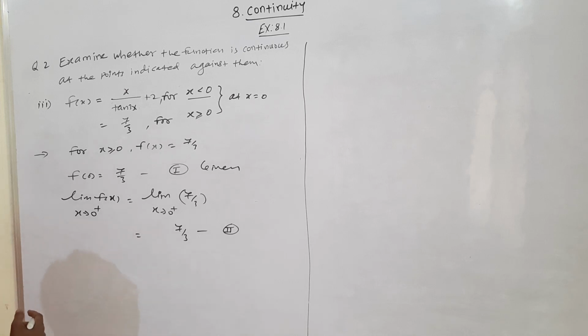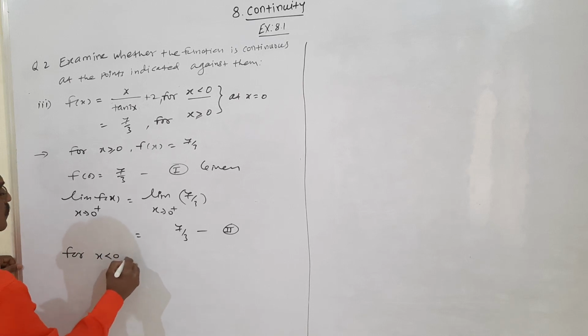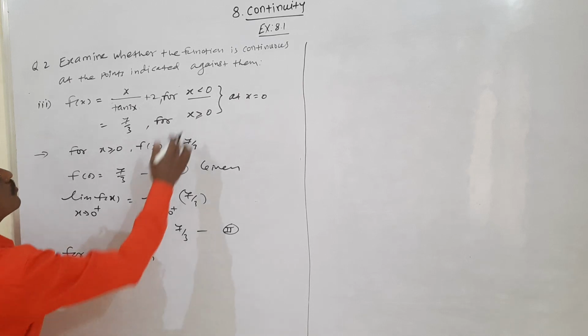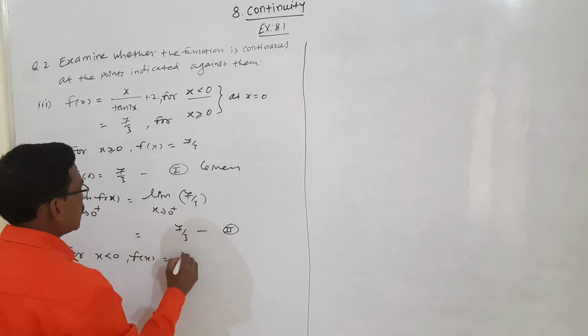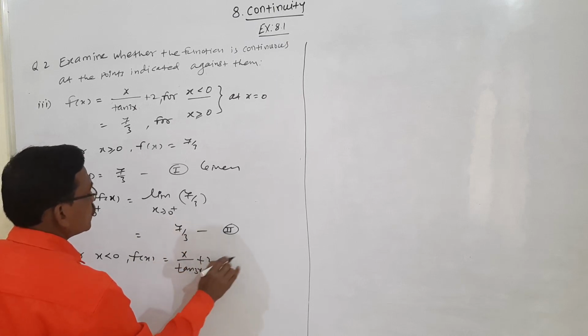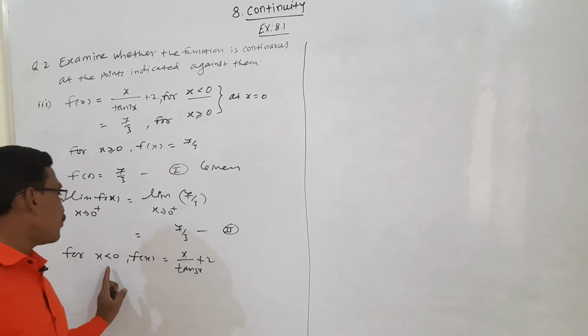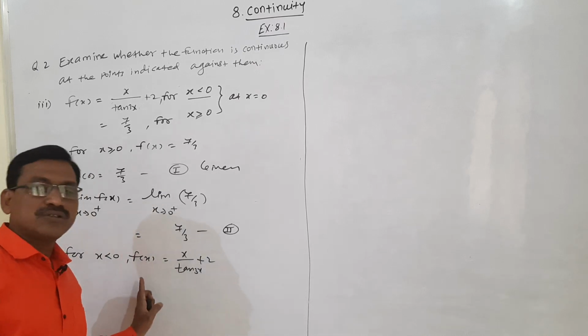Now we will take this interval for x less than 0. The function here is x upon tan 3x plus 2. Since x is less than 0, we apply the left hand side limit to this function.